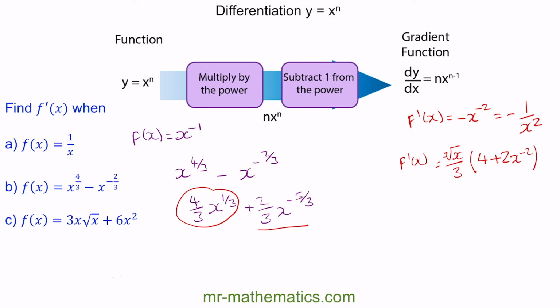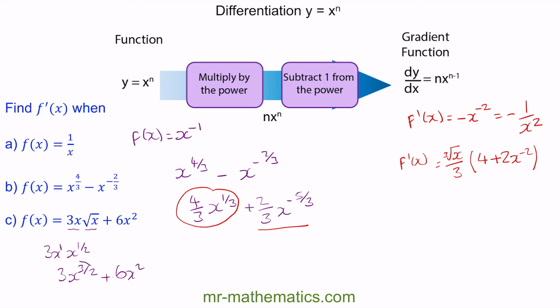Okay, and for part C, we have 3x times root of x, which is the same as 3x times x to the half, which we can write as 3 lots of x to the 3 over 2 plus 6x squared.